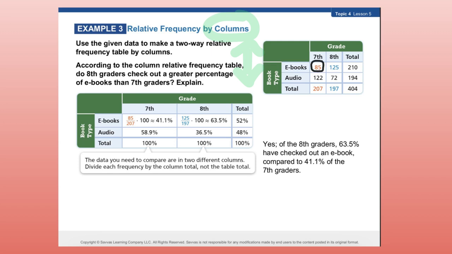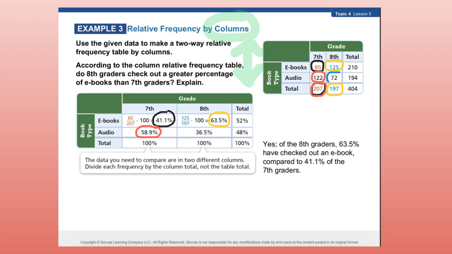85 7th graders out of 207 7th graders is 41.1%. 122 out of 207 is 58.9%. Let's go 8th graders, ebooks. 125 out of 197 gives me 63.5%.